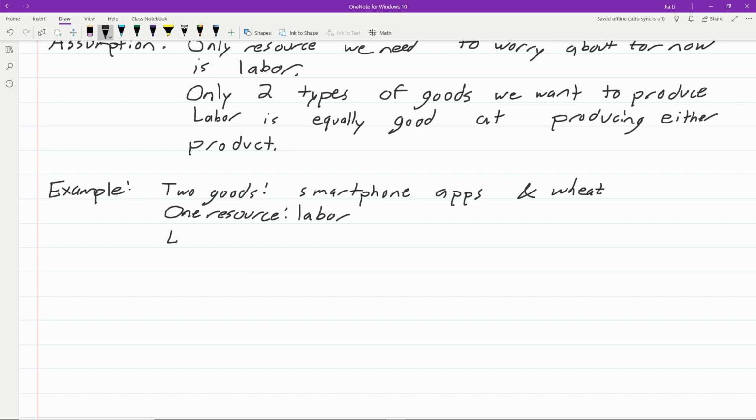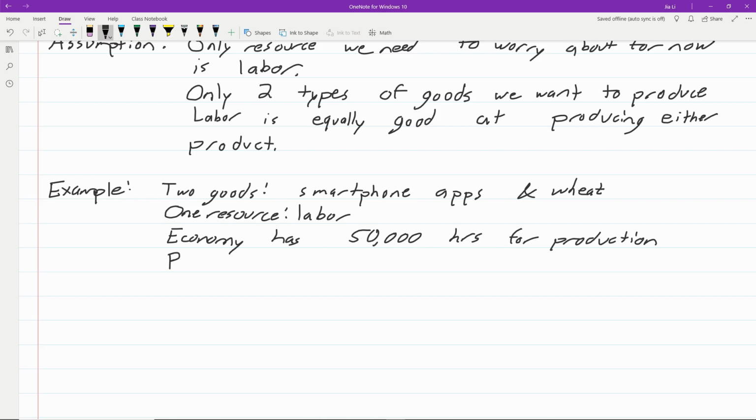Now, the economy has 50,000 hours per month reserved for producing goods and services. That is in total across all of the labor force amongst all the workers. If you add up all the time that they have available to work across the month, that adds up to 50,000 hours.